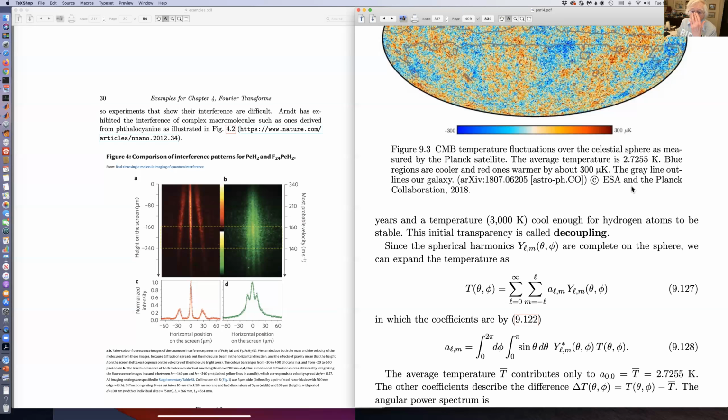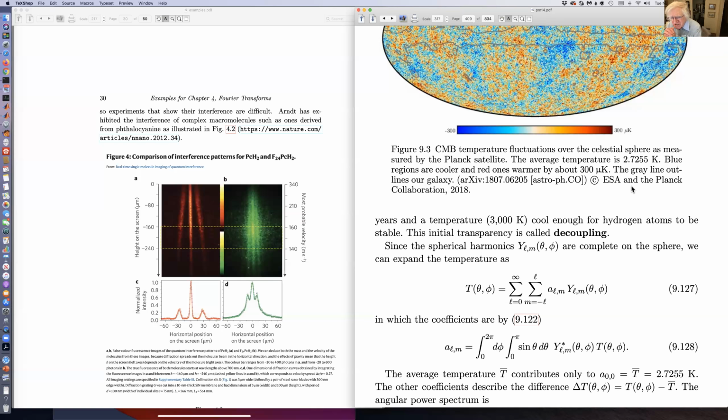The point is that at the time of decoupling, even the photons in the high energy tail of the Planck distribution were not energetic enough to knock hydrogen atoms from the ground state into the first excited state. So at that point, the hydrogen gas became transparent. The helium gas was already transparent because the energy levels are higher for helium.